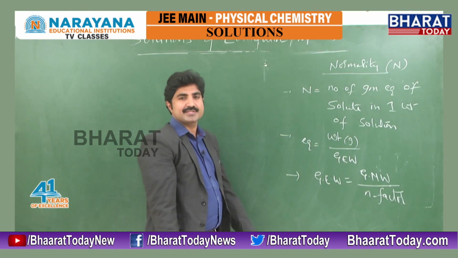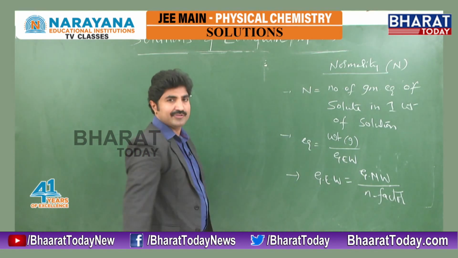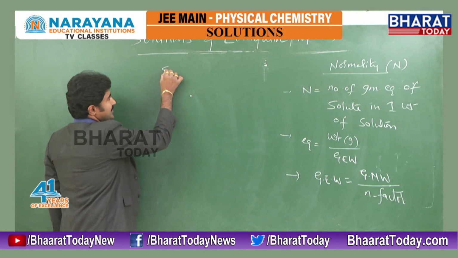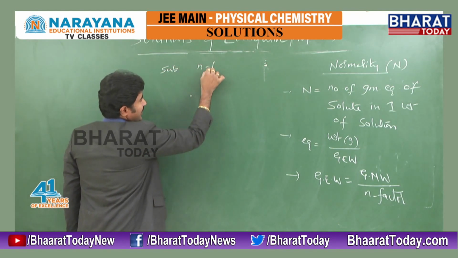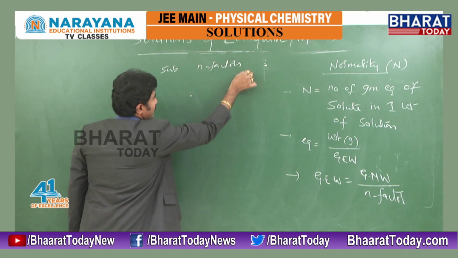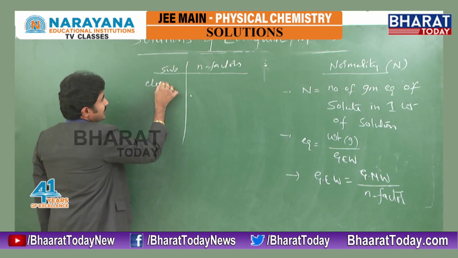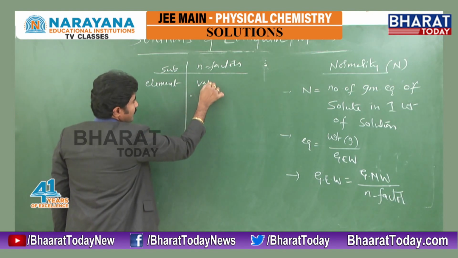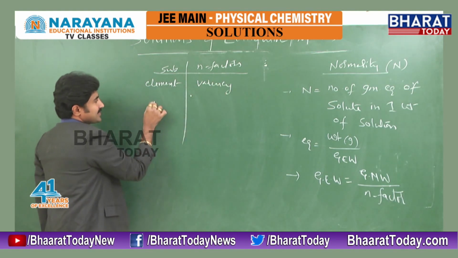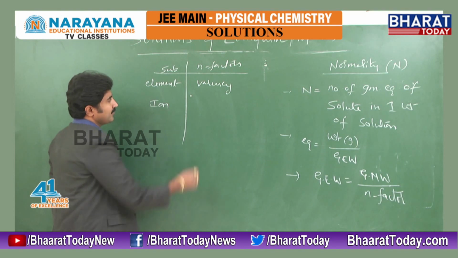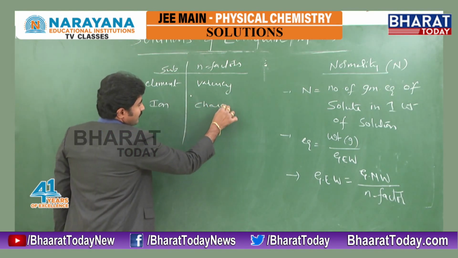For a given substance, there is a definite n factor. What are the substances and corresponding n factors? Suppose your given substance is an element, that n factor is valency. If your given substance is in the ionic form, that is the charge on the ion.